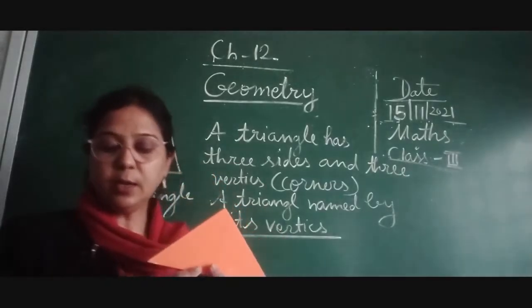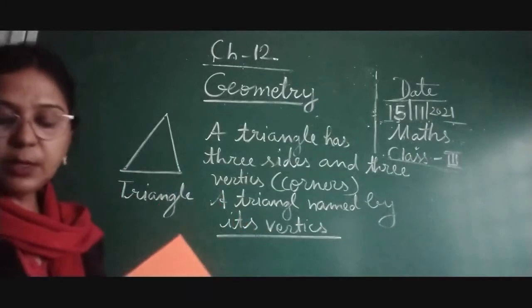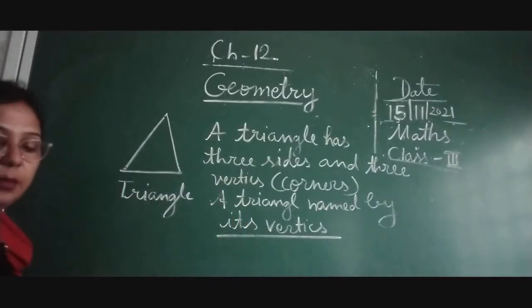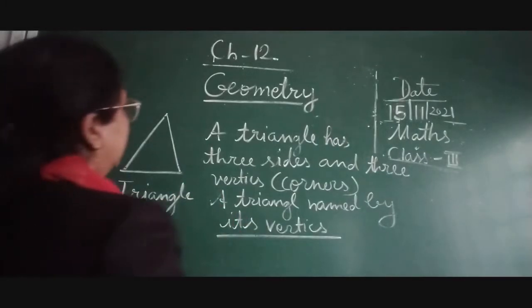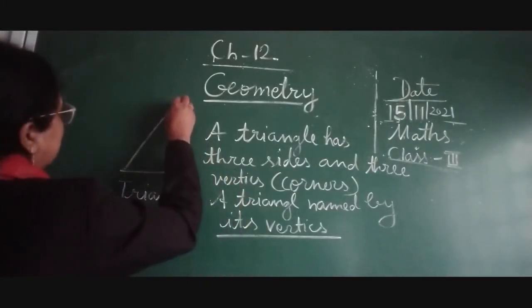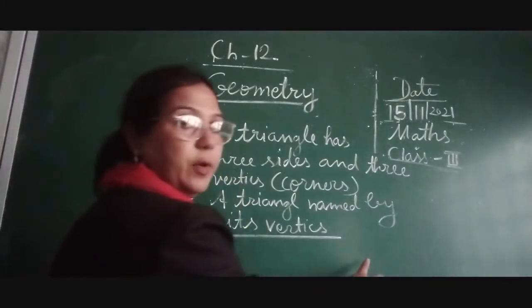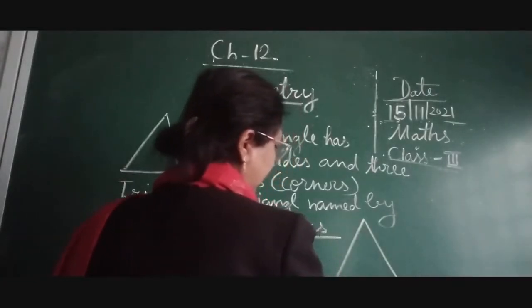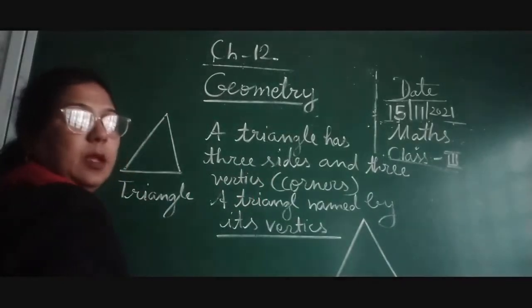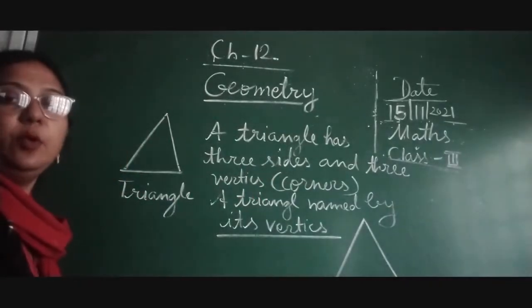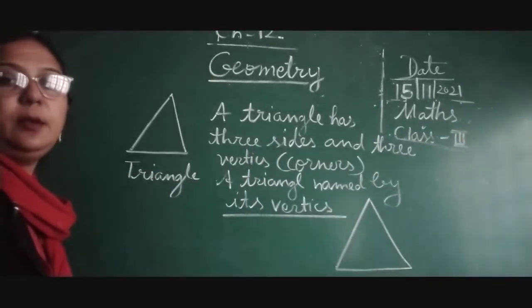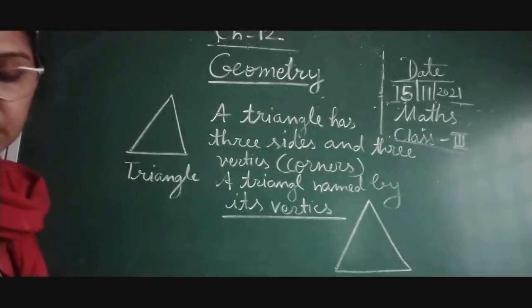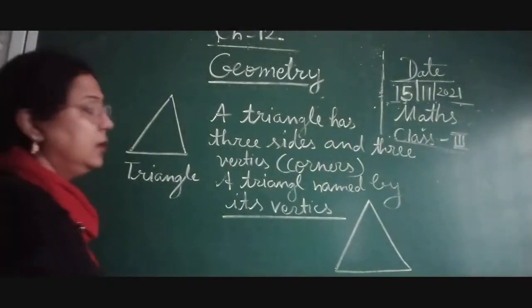Here the vertices are named starting from A. I am going to draw it over here.